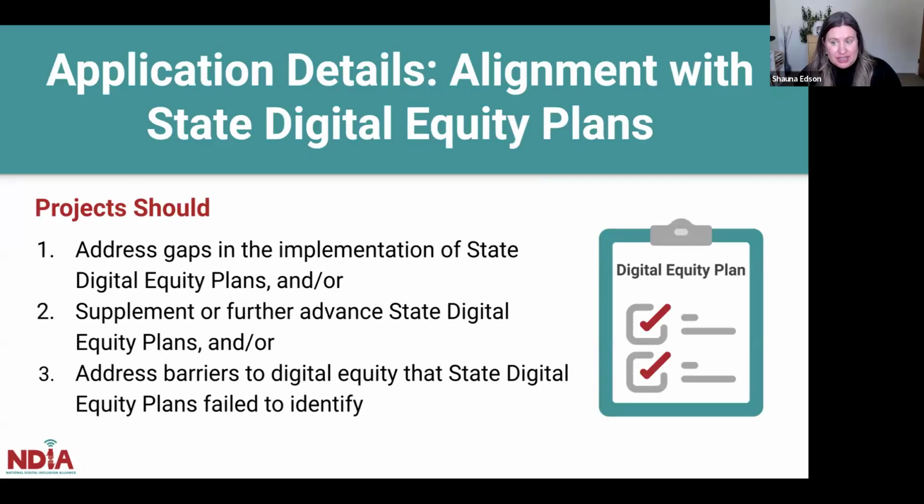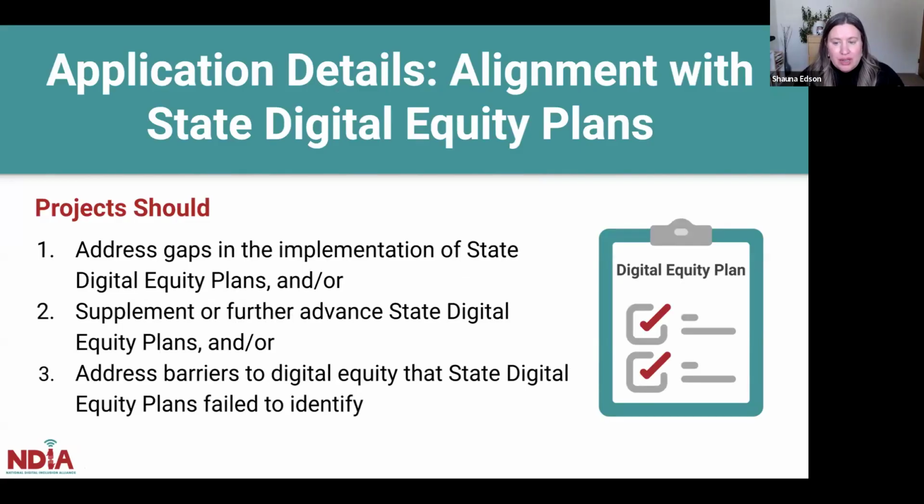So the funds for this must include digital inclusion activities that align with the state plans, enhance or go above and beyond the state plan, or address barriers the state digital equity plan failed to identify.